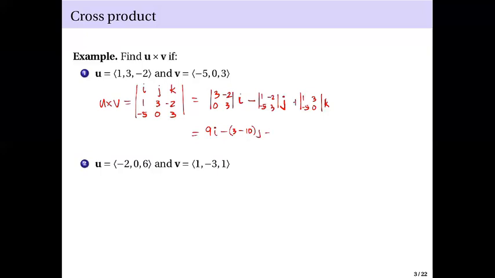And then plus the quantity: for this, you have 1 times 0, so that's just 0, and then you have -5 times 3, that's minus 15. So minus -15, and then you have your k.